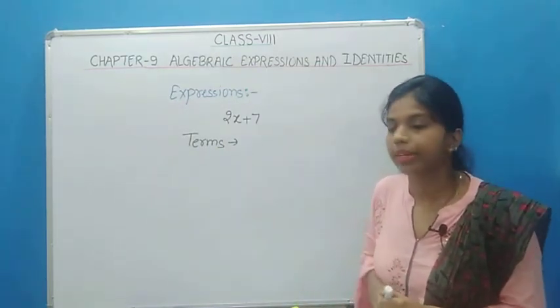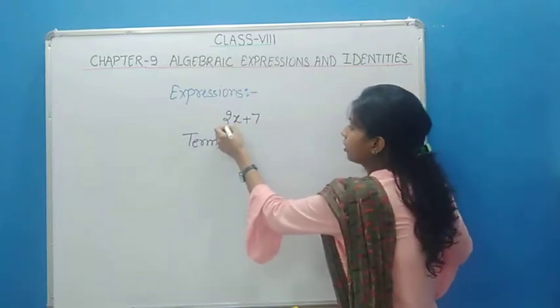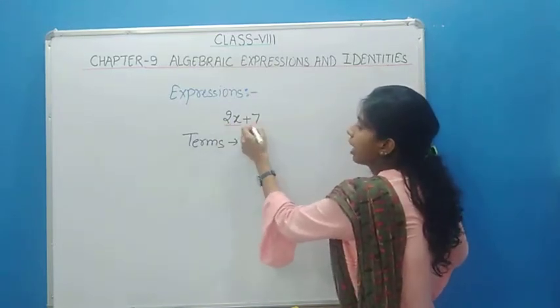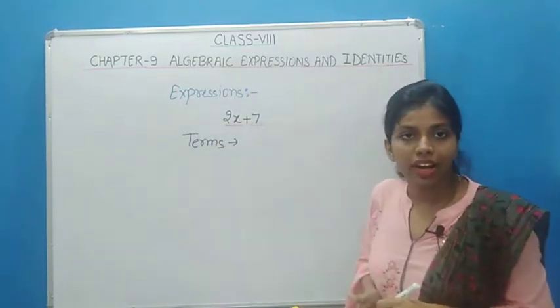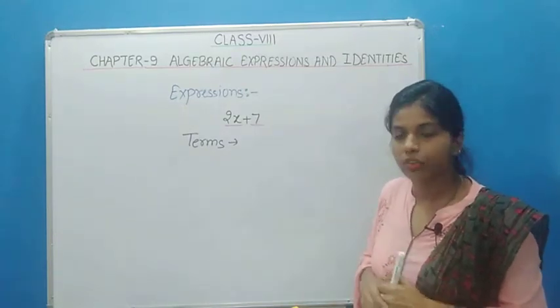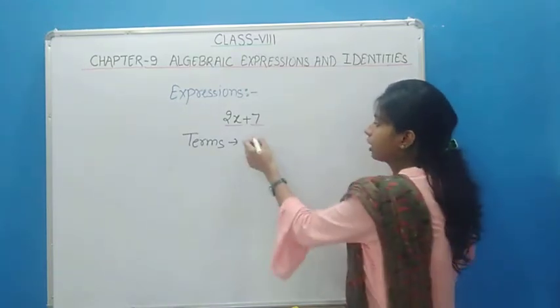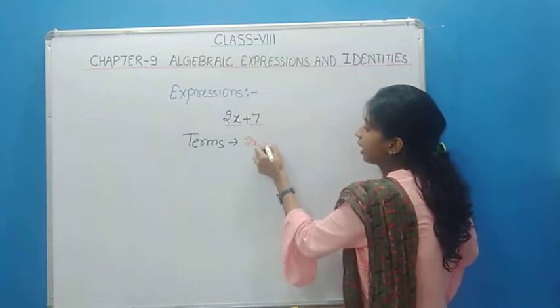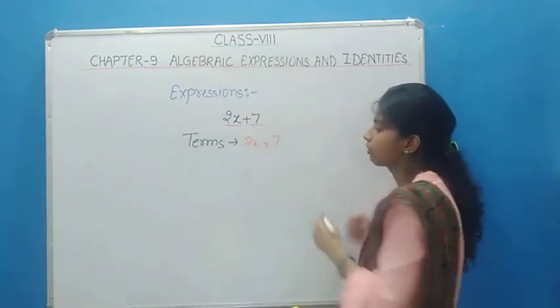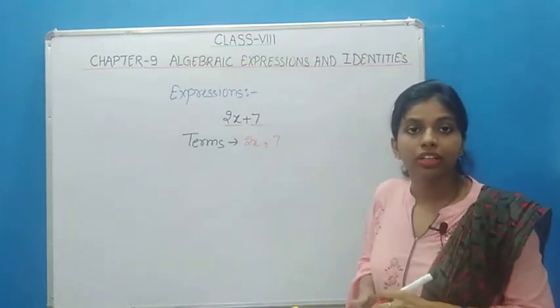First term and second term. First term is 2x, and second term is 7. So these are called terms.